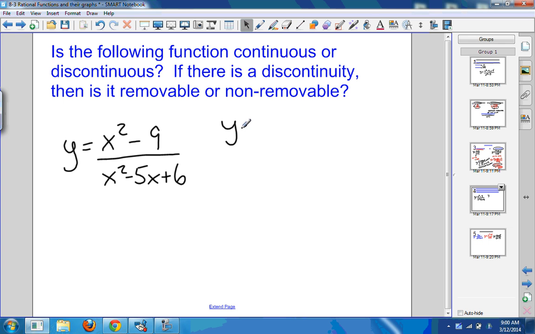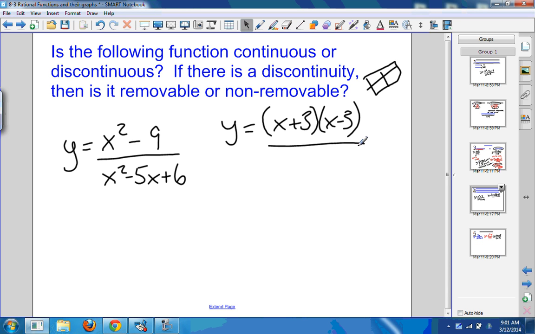So I know x squared minus 9, if I factor that, it is x plus 3 times x minus 3. You guys can make the box and try and figure that out on your own if you can't do it in your head yet. And I know the bottom is going to be x minus 3 and x minus 2.